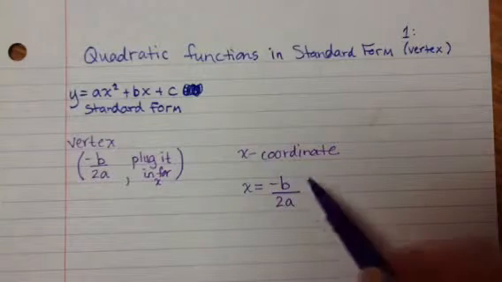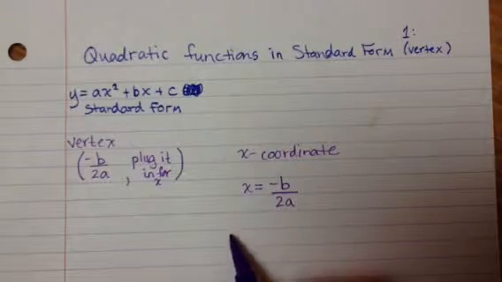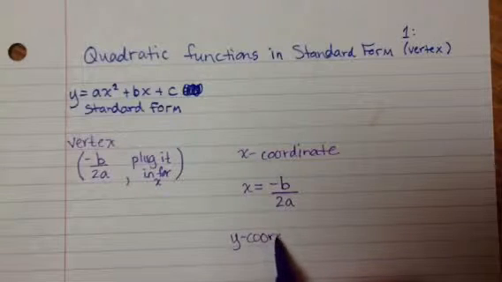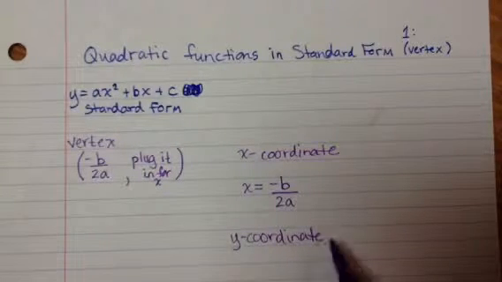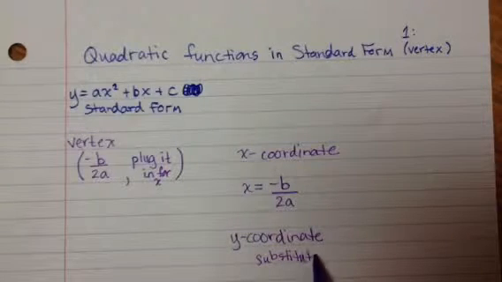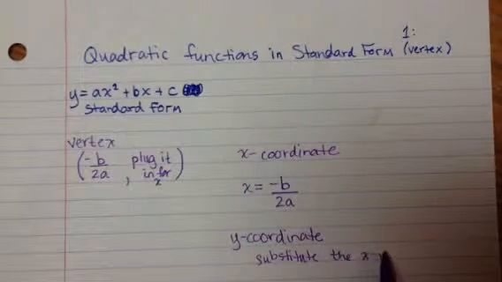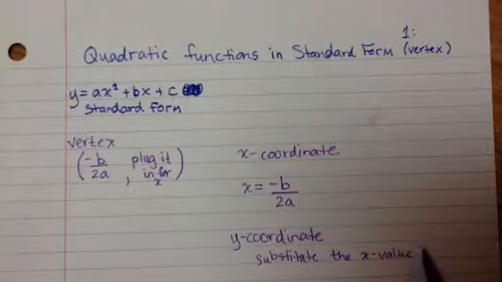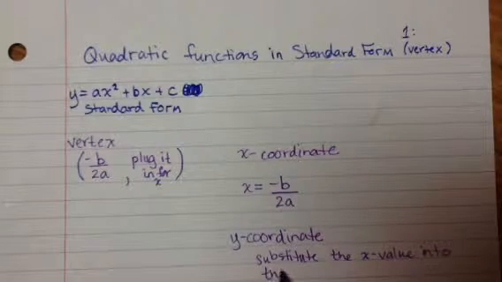So the x coordinate is x equals opposite b over 2a. The y coordinate, we're going to substitute the x value into the equation.